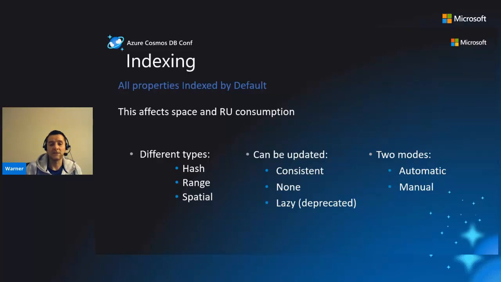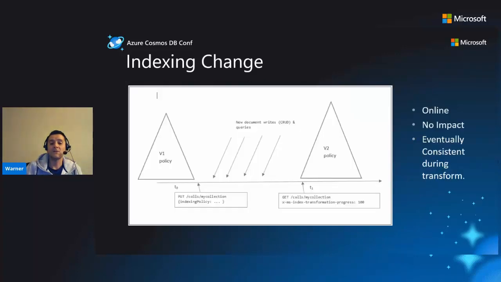with the consistent behavior. However, what I do a lot is to help my applications tweak the amount of properties that are indexed by default, because that, again, does have a direct impact on consumption. And whenever you do an indexing change, keep in mind, Cosmos DB does this online.